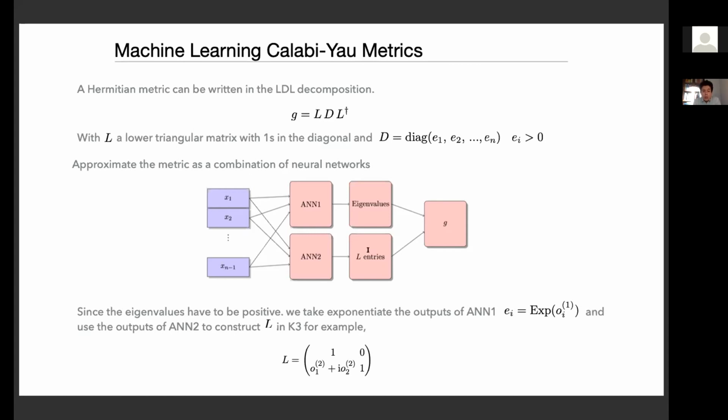So the outputs of the neural networks are also real, and in order to construct the matrix L, we have to combine them into complex numbers. In K3, for example, the neural network would have two output parameters here, and then we combine them in such a way as to produce the matrix L.